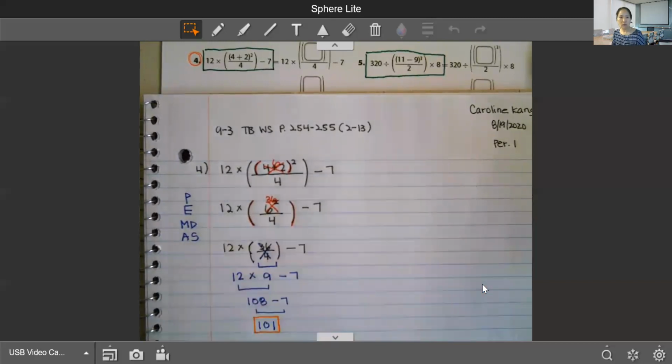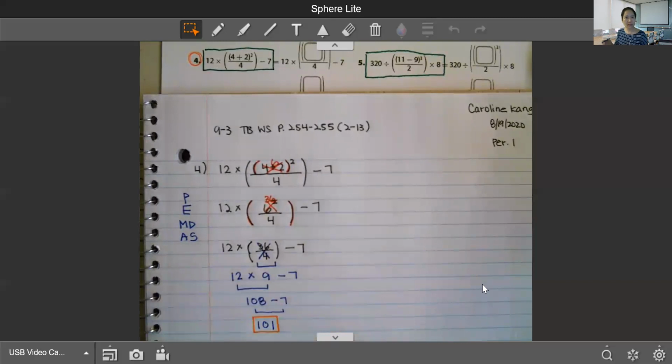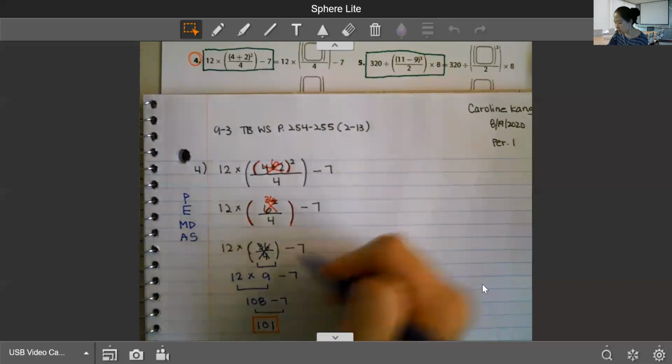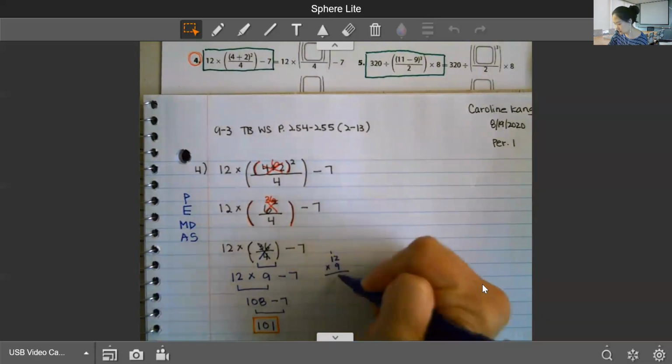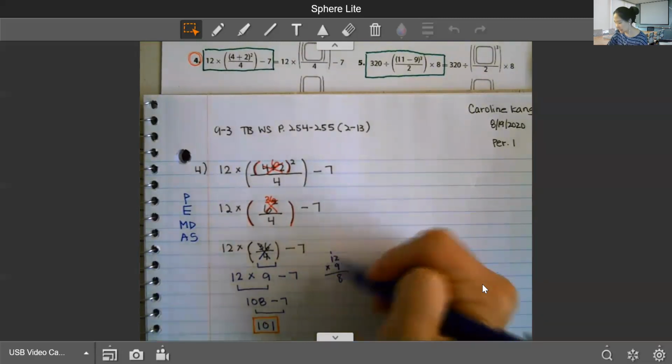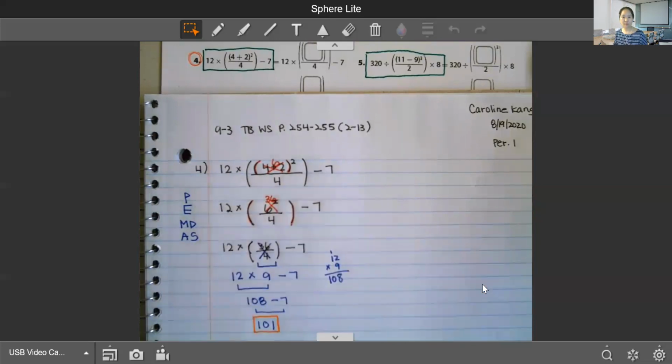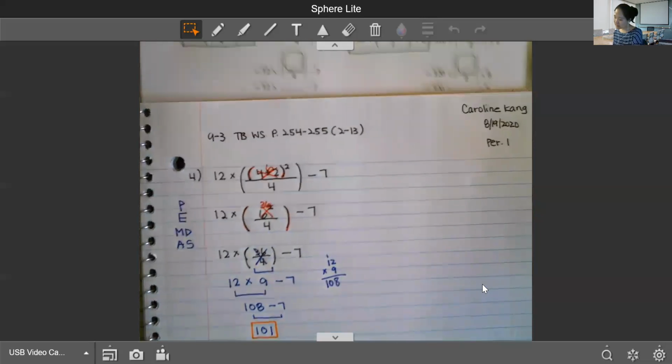Then I don't want you to do the multiplication here, because it's going to ruin my nice work that shows step by step. Do that work on the side. 18, 9 plus 1 is 10. That's how you get 108, and then subtract 7. Okay, all right. So with that, let's move on.